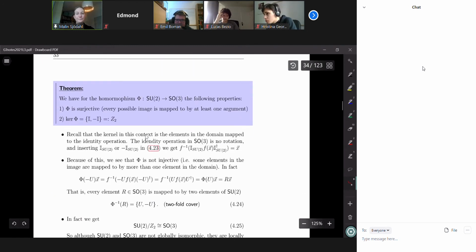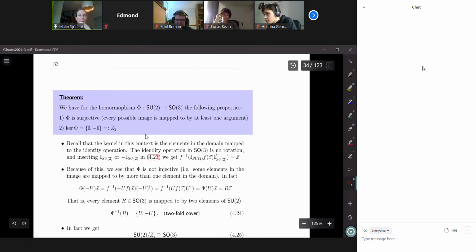Okay. Then we will have a look at the properties now of this map. So that's the homomorphism from SU2 to SO3. And for this homomorphism, we have the following property. So phi is surjective. So every possible image is mapped to by at least one argument. So we will find all possible rotations.